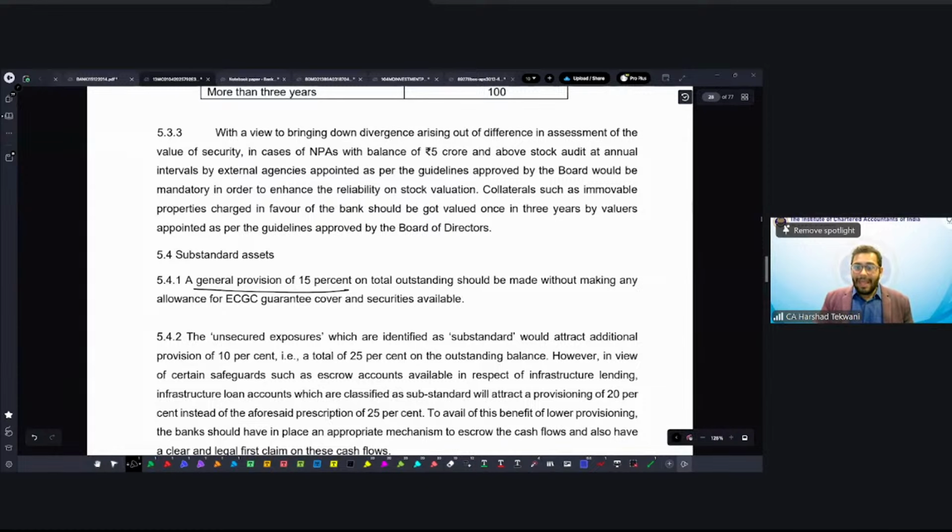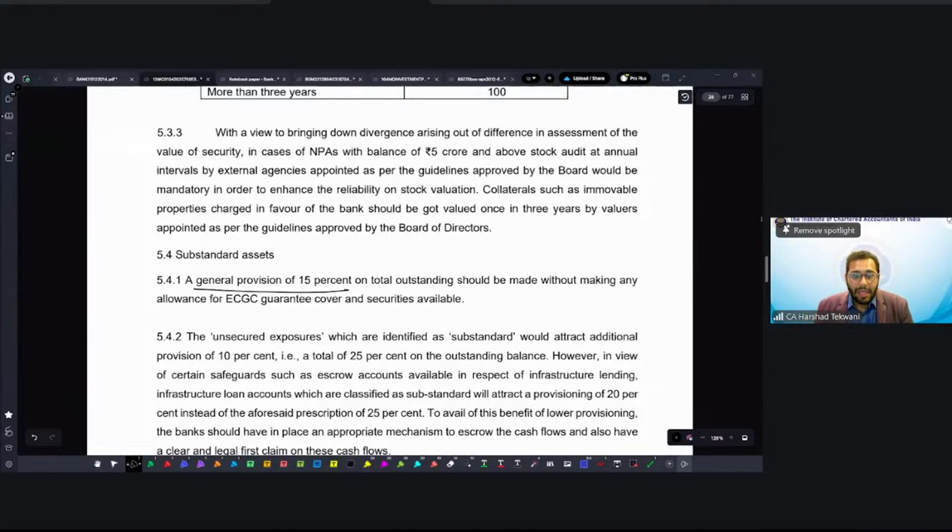We discussed that these provisions are provided by the prudential regulations, prudential norms. Based on these particular requirements and these categorizations, provision is required to be made by the bank.